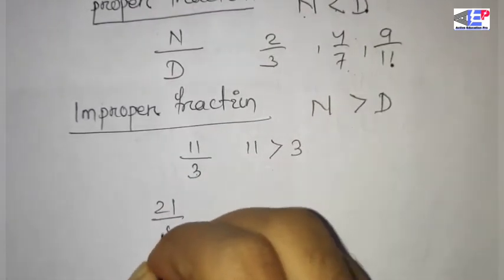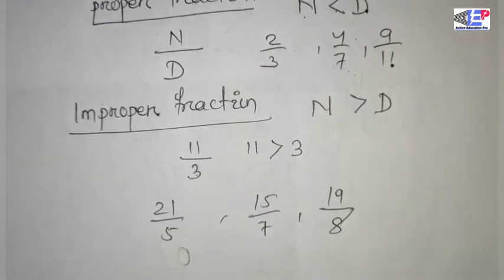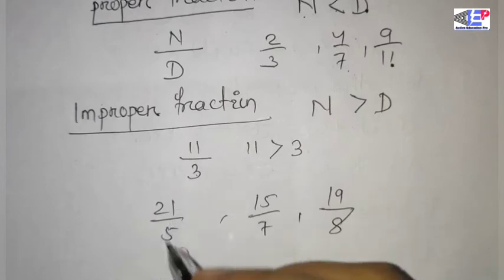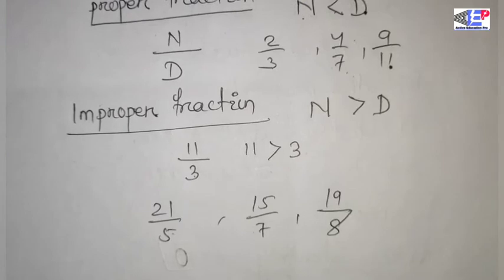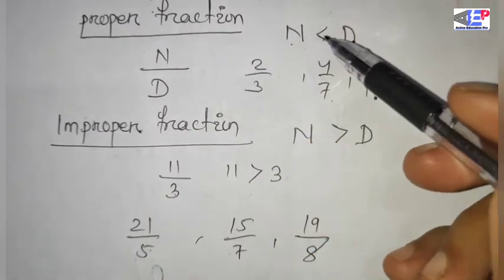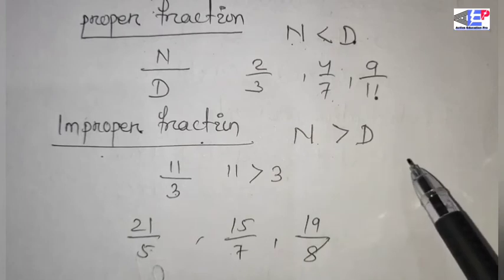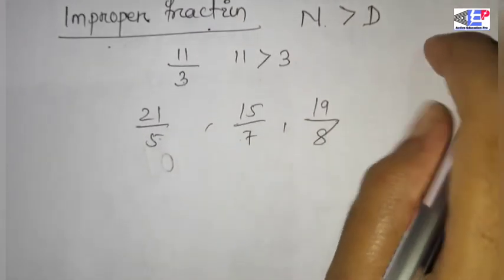Similarly 21 by 5, 15 by 7, 19 by 8. In all these cases the numerator is greater than the denominator, so these three are improper fractions. Proper fraction means the numerator is less than the denominator, and improper fraction means the numerator is greater than the denominator. And the last one is mixed fraction.